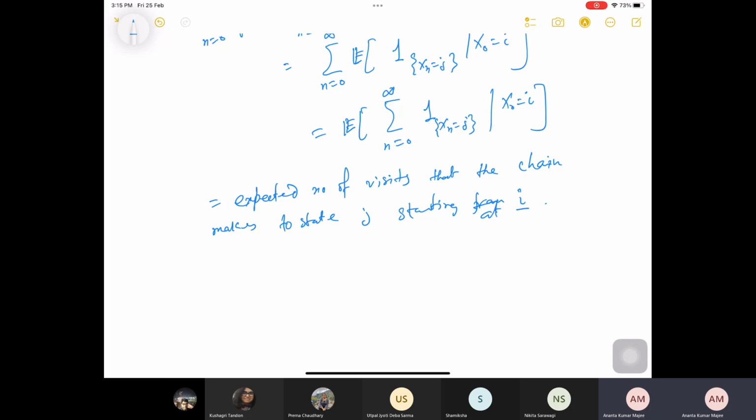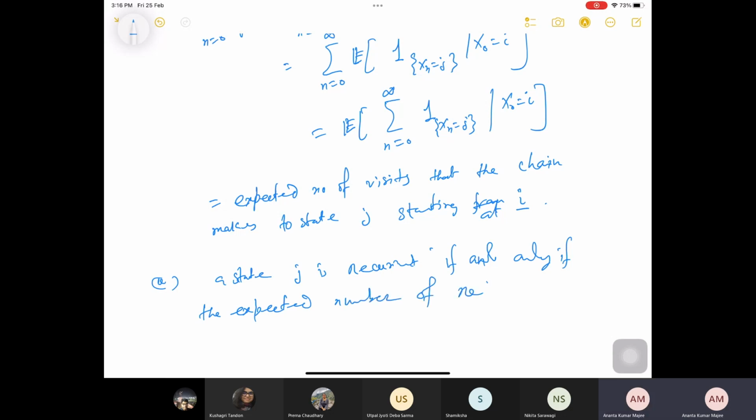Okay, state j is recurrent if and only if the expected number of returns is infinite.